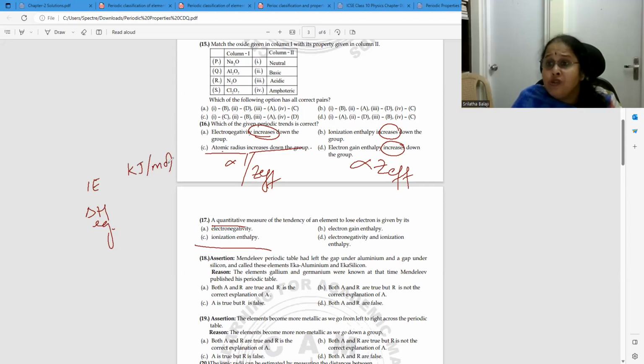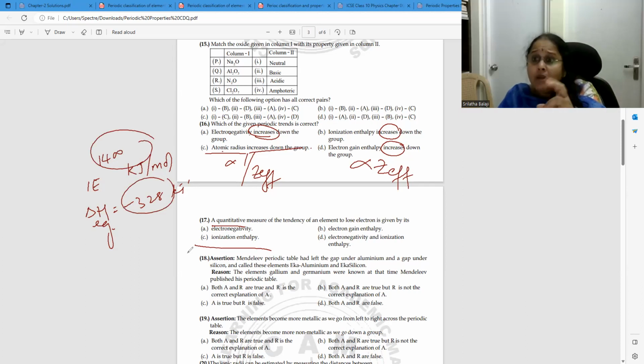Can you recollect that? I've shown you the values, like minus 328 kilojoules per mole, and this is 1400 kilojoules per mole. We give the value because a value given means it's a measurable property. That's why we say it's a quantitative measure for the tendency of an electron.